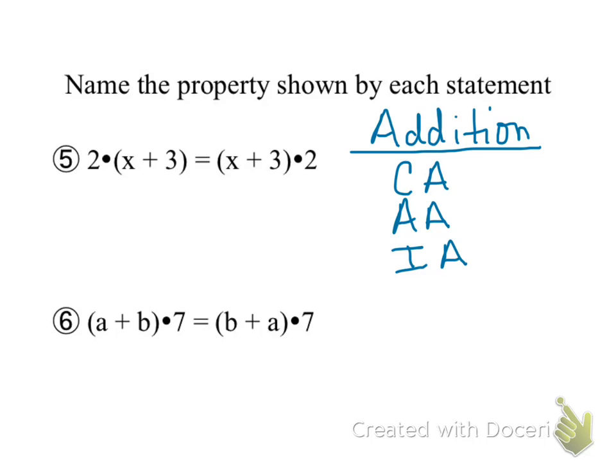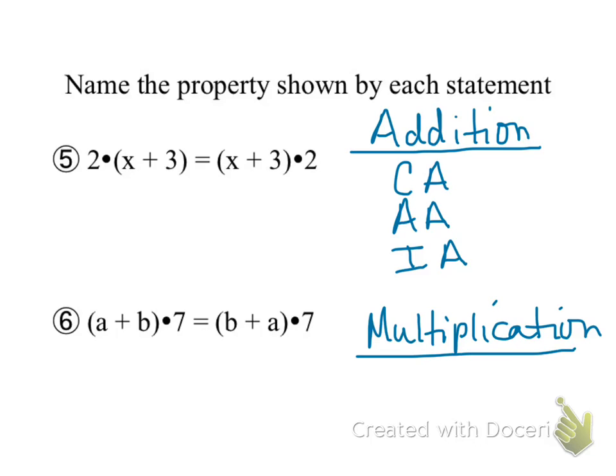Those would be the three properties you can use if it's an addition property. For multiplication, you can tell me that it is commutative multiplication, associative multiplication, identity multiplication, and the multiplication property of 0. So MZ or ZM would work just as well.